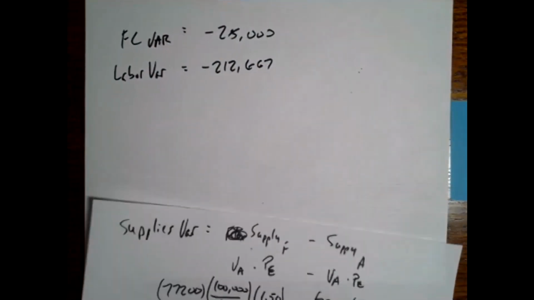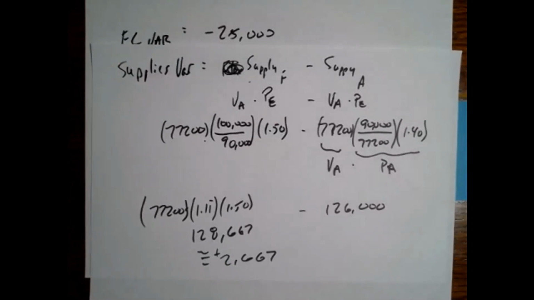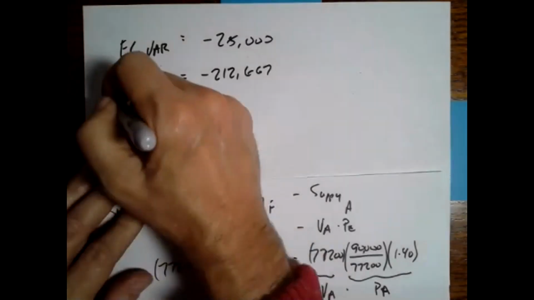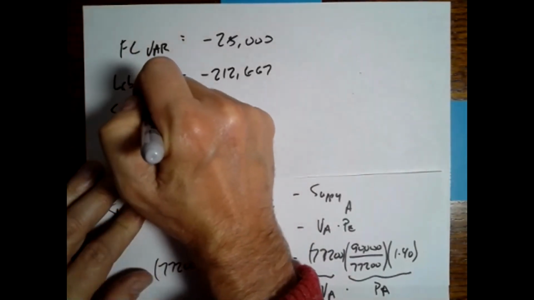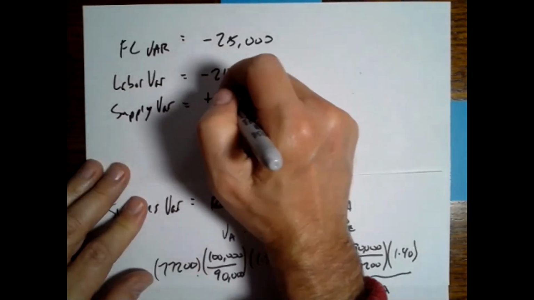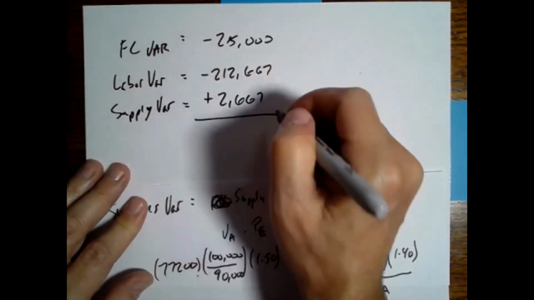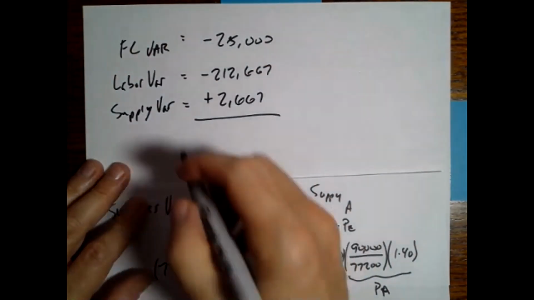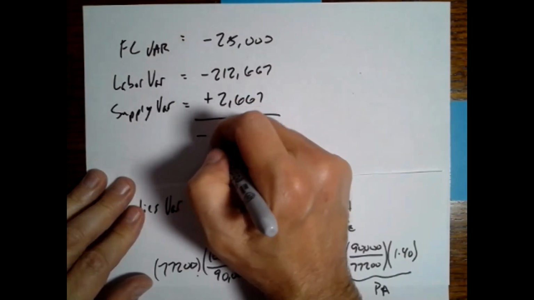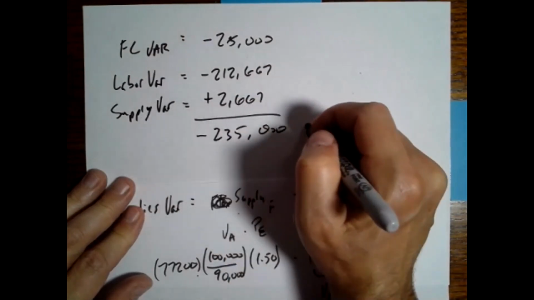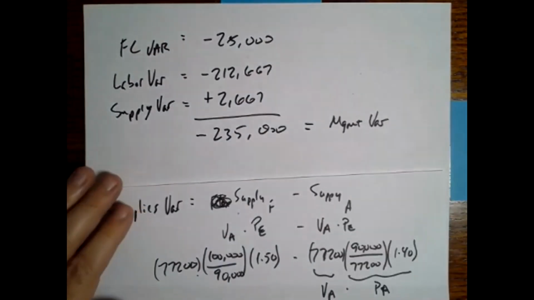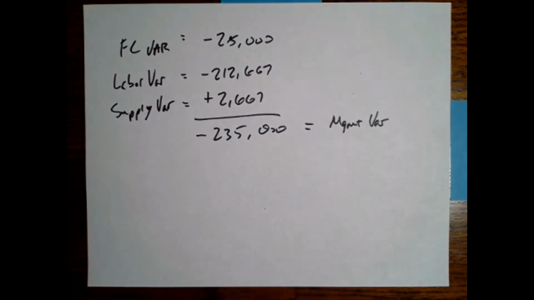And then finally, supply variance of plus 2,667. Add that all together, and we wind up with minus 235,000, which equals our management variance. Whew, that's a lot of calculating.